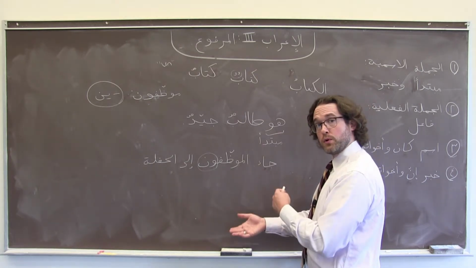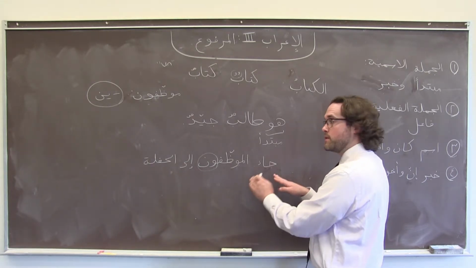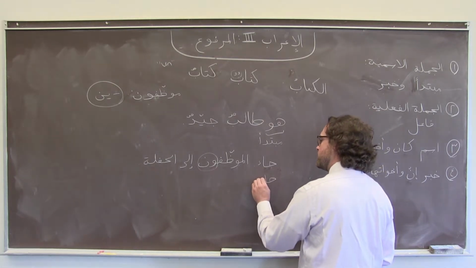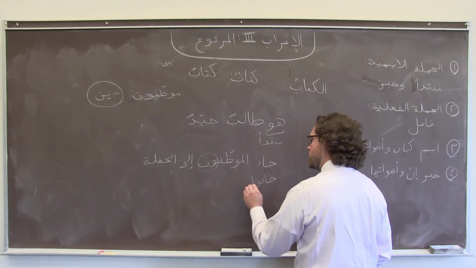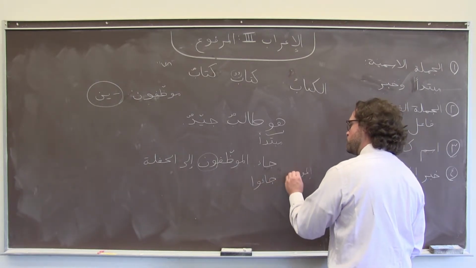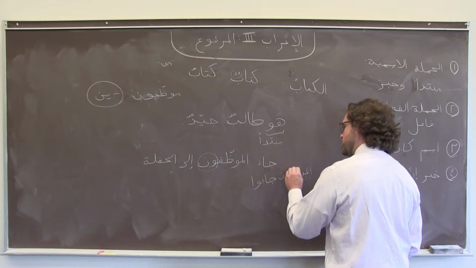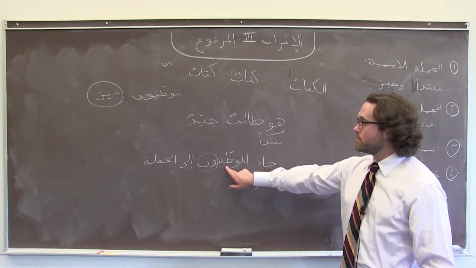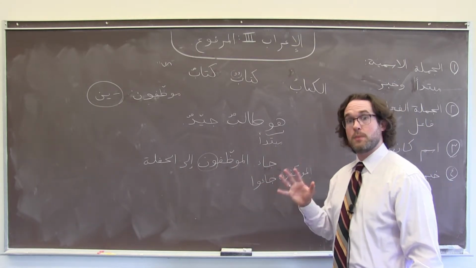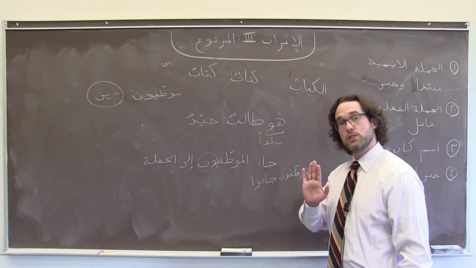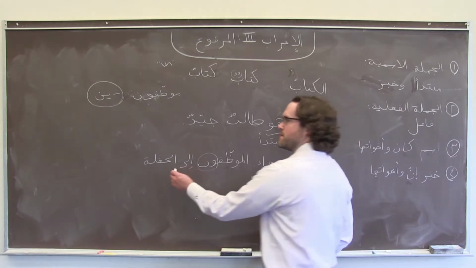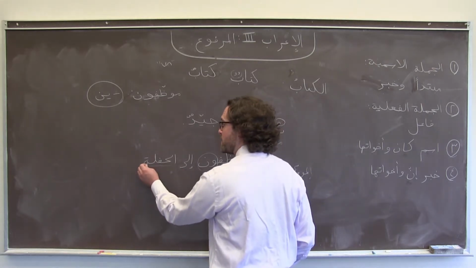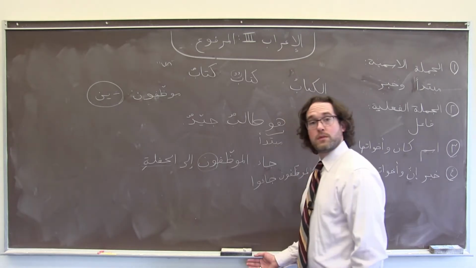We could reverse the order. Instead of having a verbal sentence, we would then have a nominative sentence with the khabar as a verb and say الموظفون جاءوا إلى الحفلة. Either way, الموظفون is the fa'il, the subject, the doer of the verb. So it's going to be marfu'a. Notice that حفلة, الحفلة, because it's after a preposition, is actually going to be majroor with a kasra.